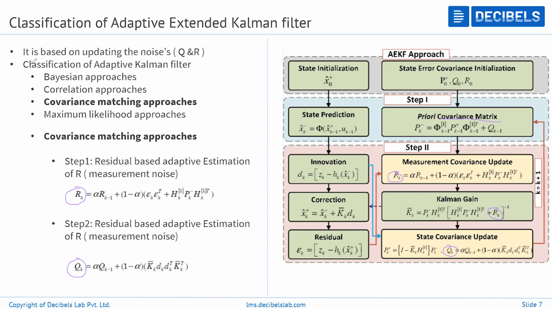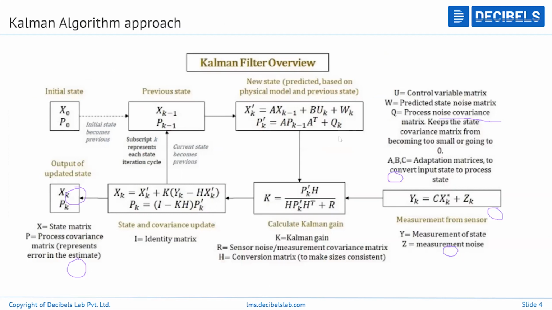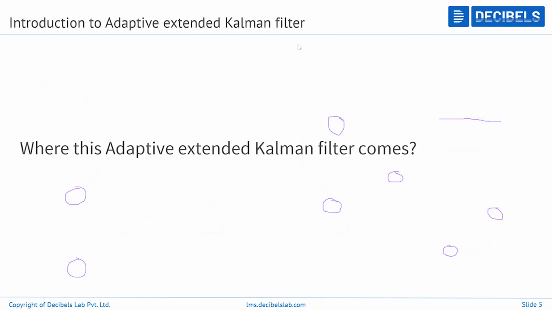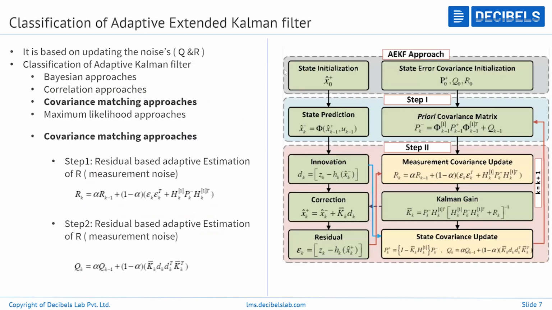These two values, this one and this one, were initially constant. Now we are making them dynamic, so that for each cycle of estimation Q and R will be updated by introducing some steps. That we'll see.